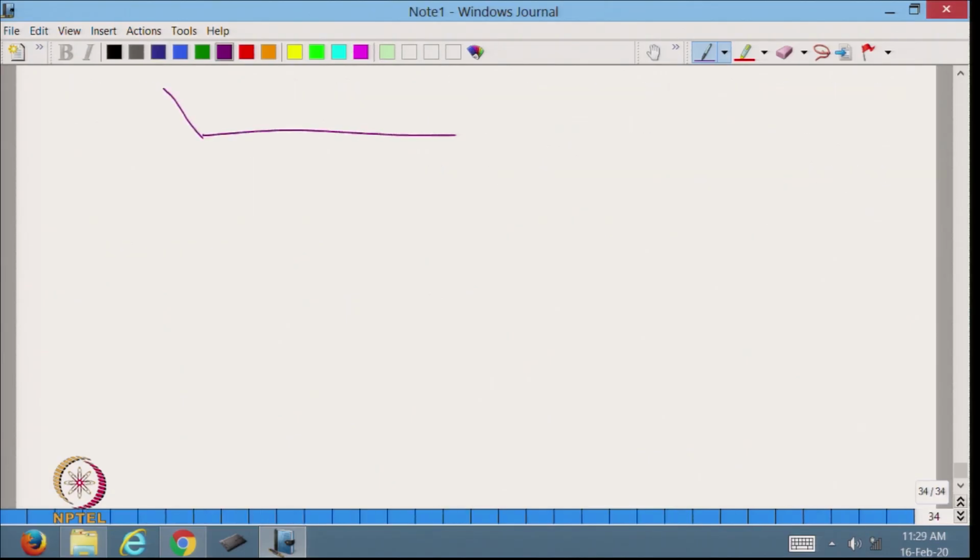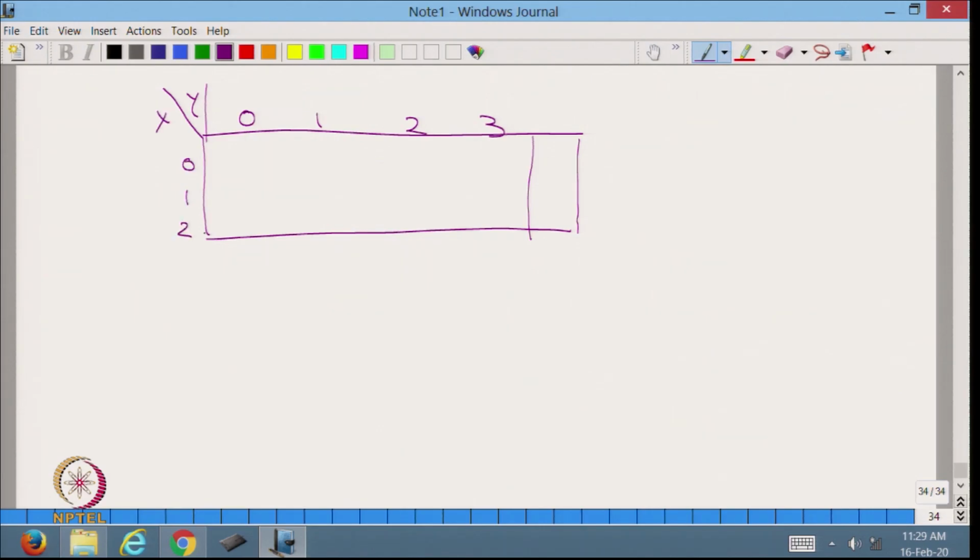So, consider this table. This gives the values of y: 0, 1, 2, 3, and this gives the values for x: 0, 1, 2.